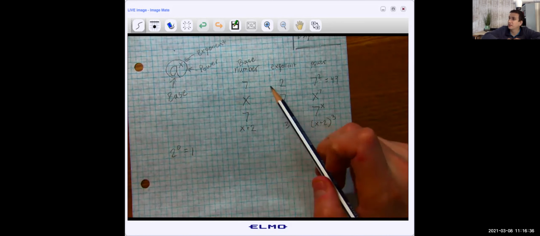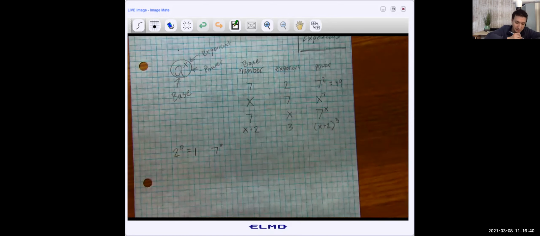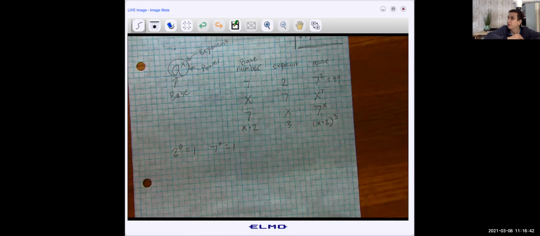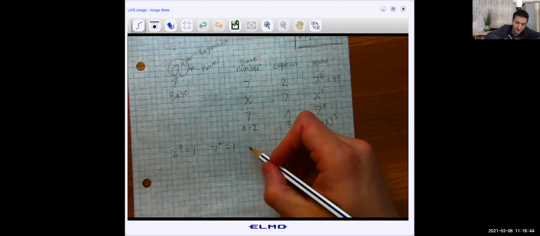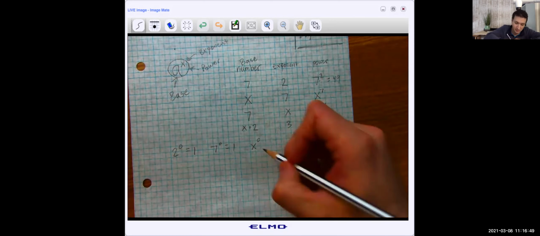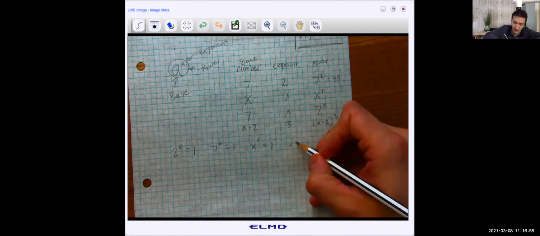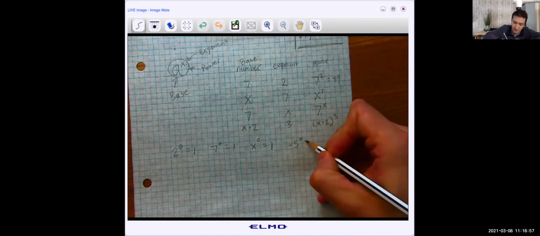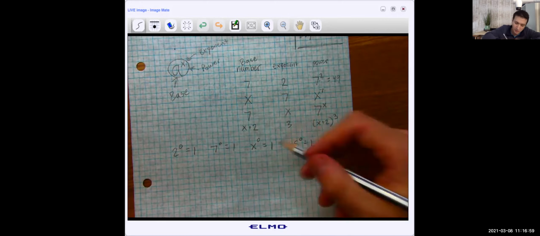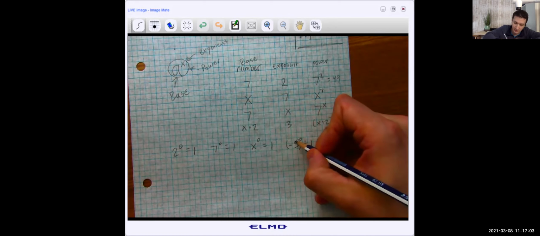Or if we had 7 with an exponent of 0, that's going to be 1. If our base was x and our exponent was 0, it's still going to be 1. It would still be 1 if the base was negative, right? Yeah, -5 with an exponent of 0 is going to be 1. One thing we like to do is put that in parentheses just so that we know that whole thing is our base.